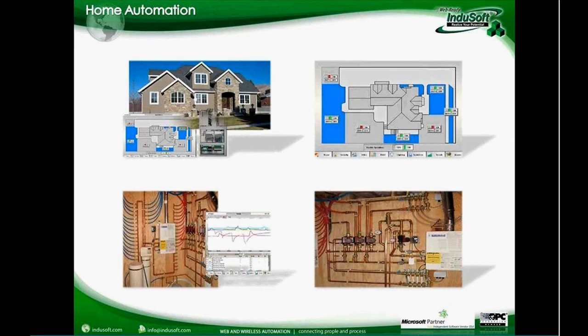And from their web browser, on their cell phones, or even on their computers, they can, even when they are traveling abroad, monitor what's going on, receive alarms if someone breaks into the house, control the lights on and off from anywhere, and monitor the energy consumption month after month, and detect problems like water leaking or increasing energy consumption. So with Indosoft, you have all the tools to create systems for home automation.